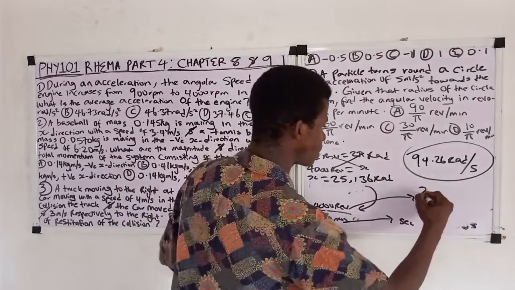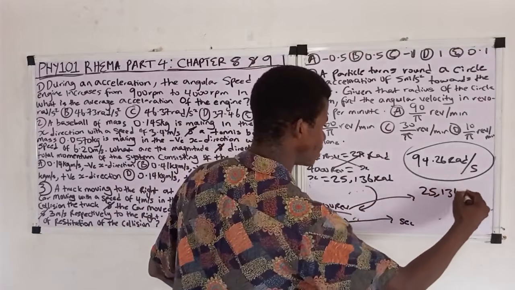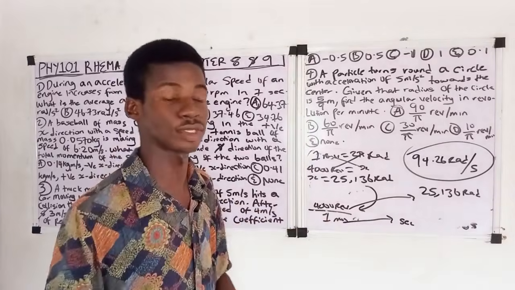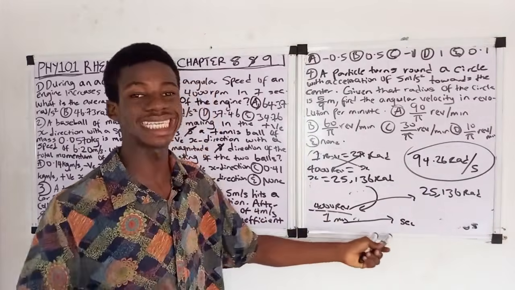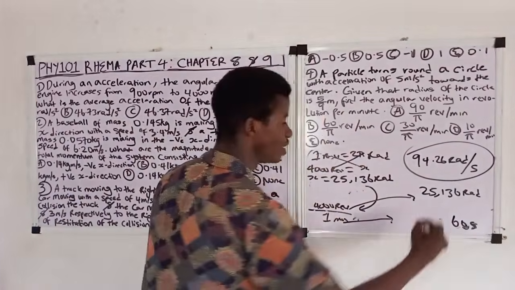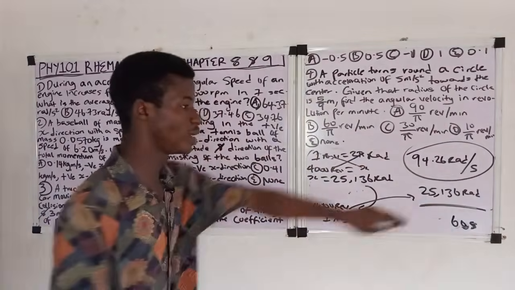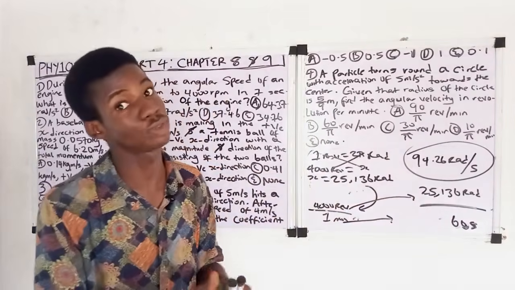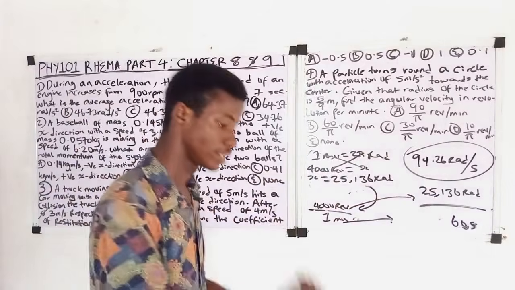So we have converted 4,000 revolutions to 25,136 radian. Are we done yet? No. What about minutes? 1 minute is the same as 60 seconds, right? Yes. We divide our answer to make it radians per second.